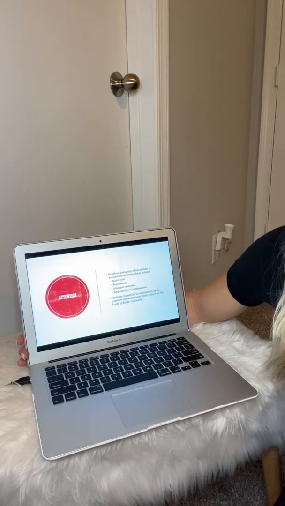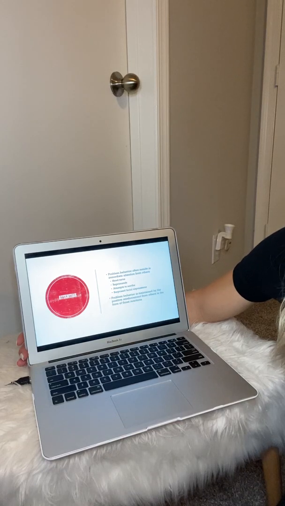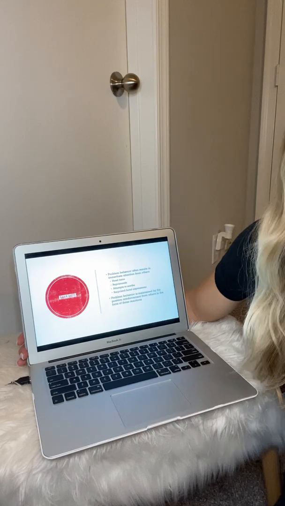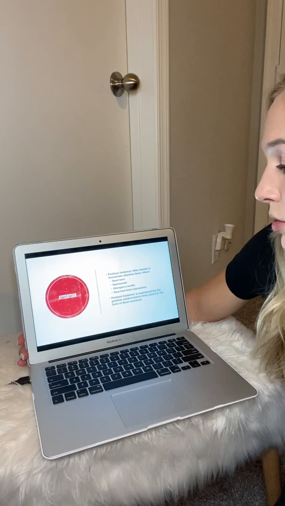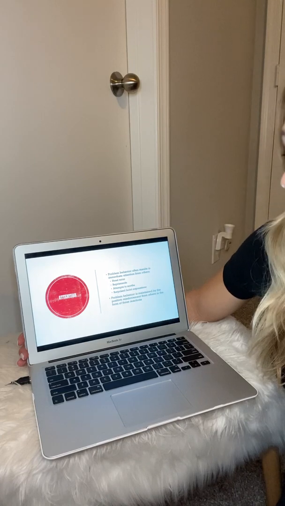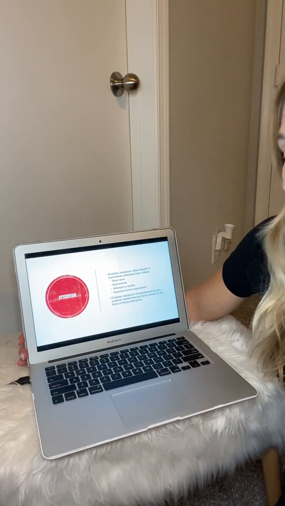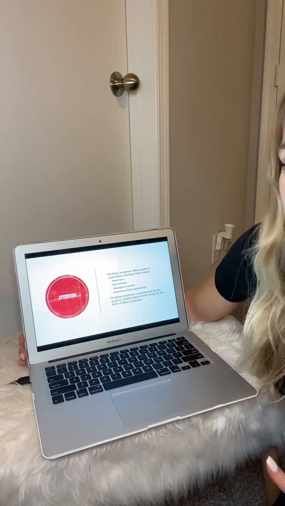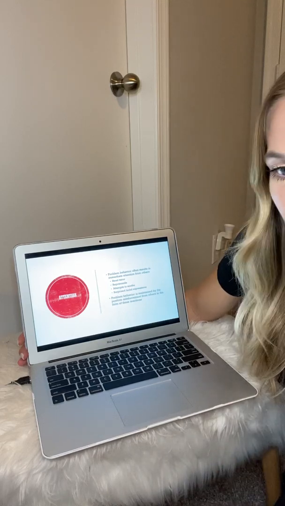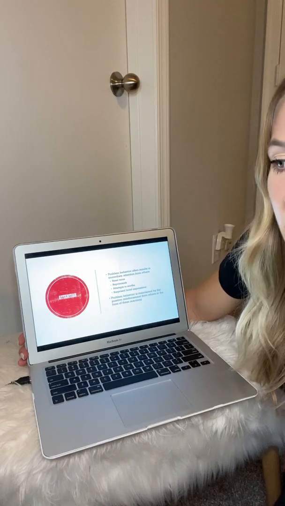The first function is attention. So problem behavior often results in immediate attention from others. That attention might look like head turns, reprimands, attempts to soothe the child, or give surprised facial expressions. For example, when little Johnny hits his brother and you see them, you might be like, "Oh no, Johnny, don't hit your brother."